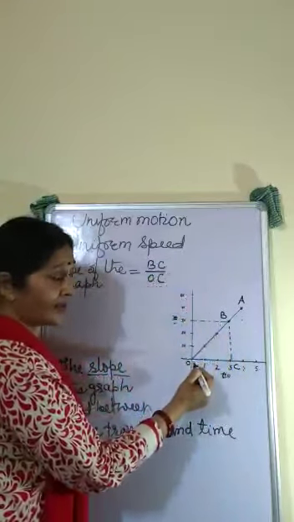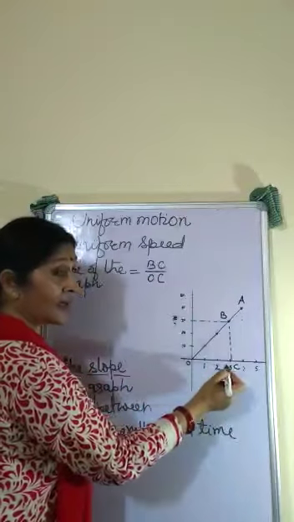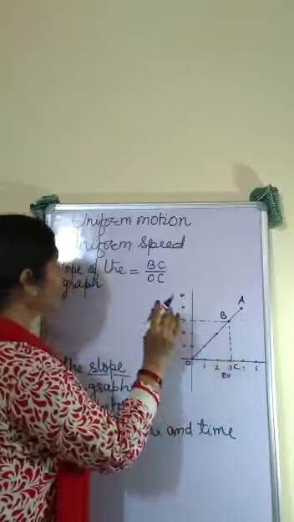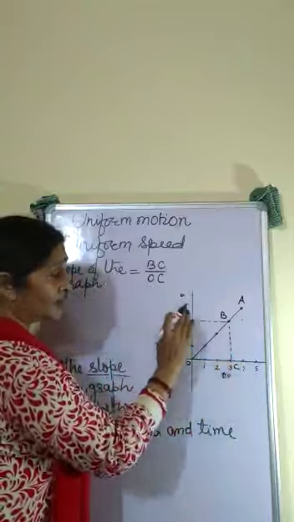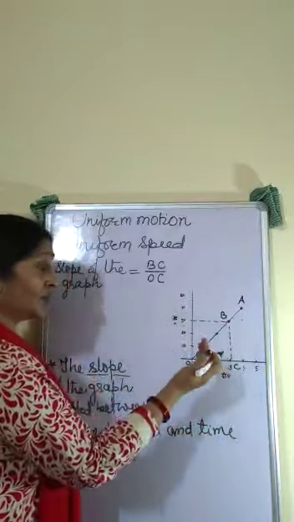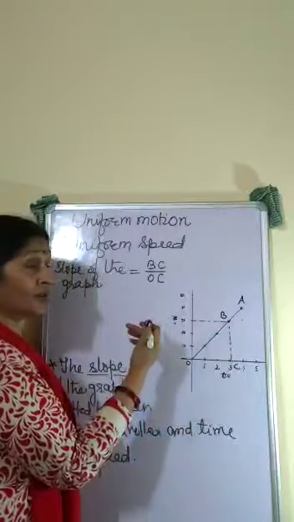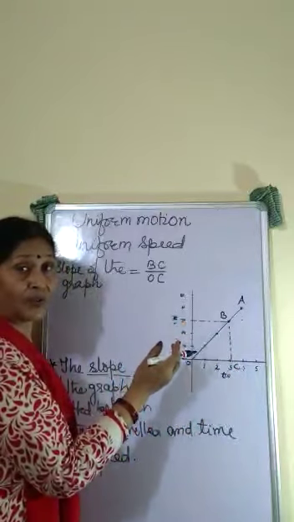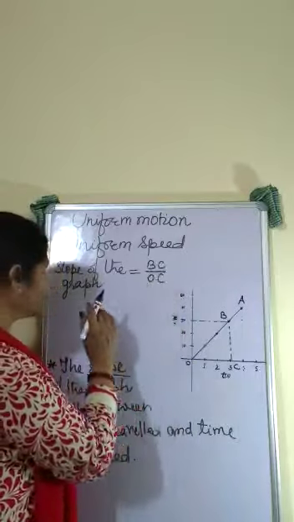Suppose this is a triangle OBC. In this triangle, the slope of the graph is equal to perpendicular by base. Now you see how this is equal to the speed of the body.